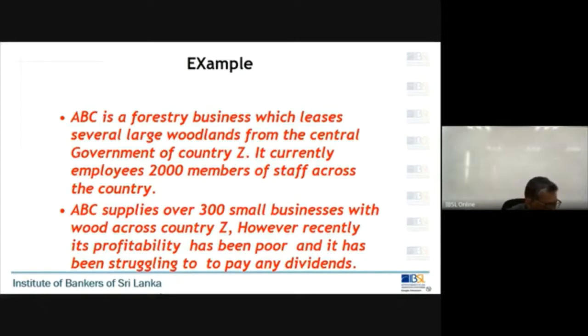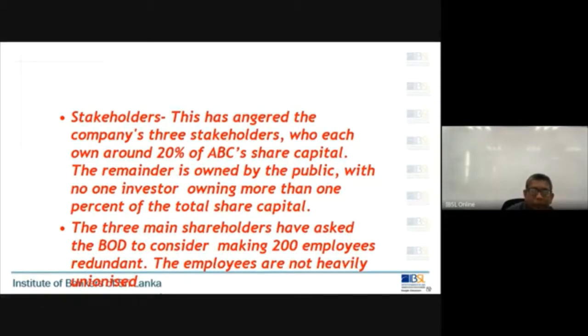Now, the business results are not so good, so therefore their profits are less. Now, stakeholders. Who are the stakeholders of the organization?